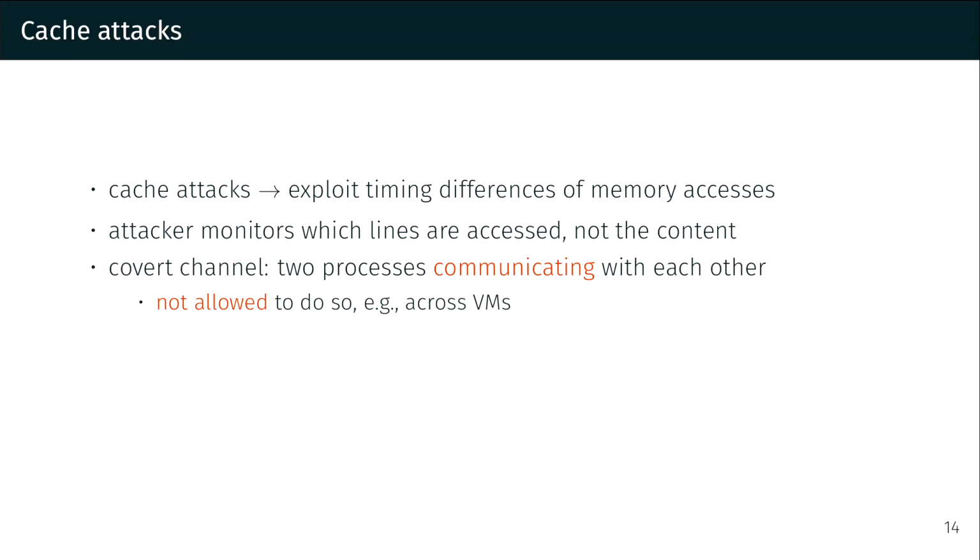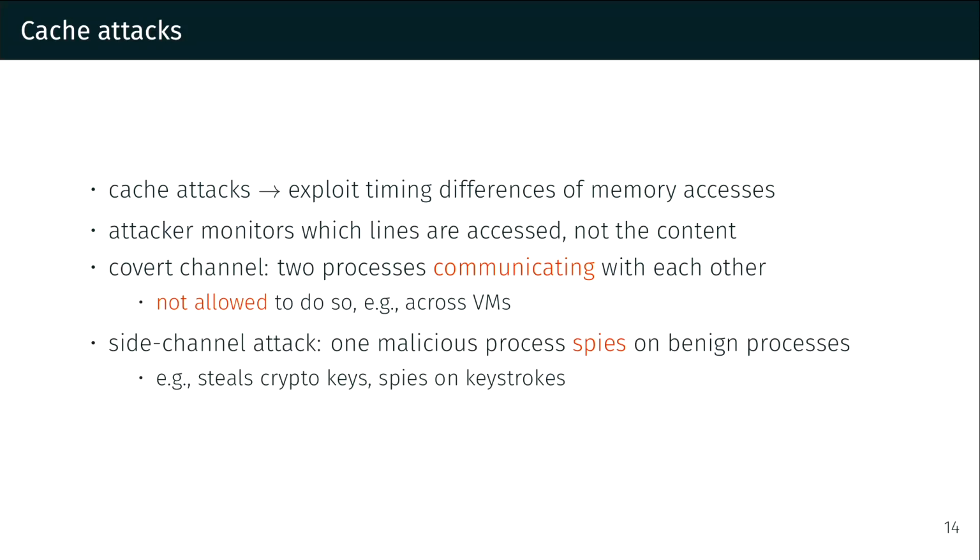So you can allow 2 processes to communicate with each other, evading the permission system, as we'll see later on. In addition, you can also do side channel attacks. So you can spy with a malicious attacking application on benign processes. And you can use this to steal cryptographic keys or to spy on keystrokes.